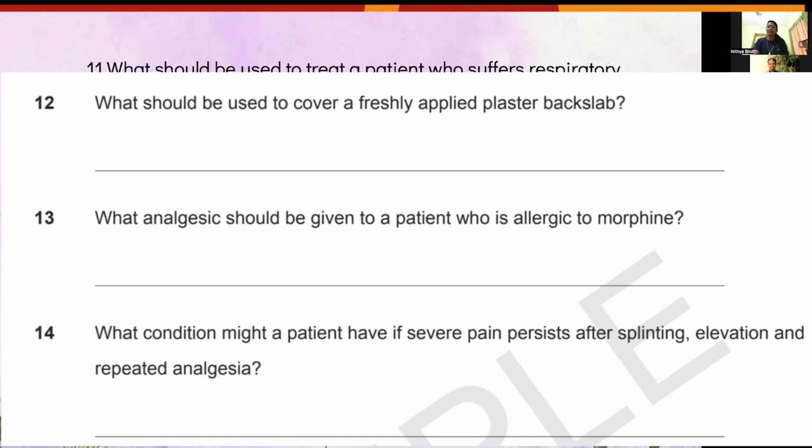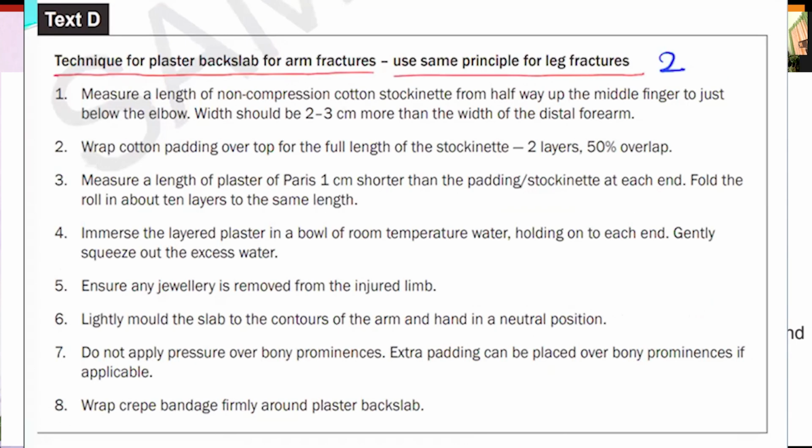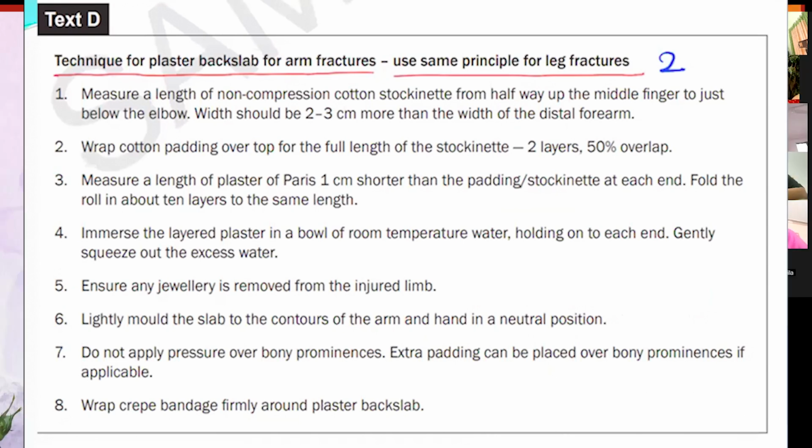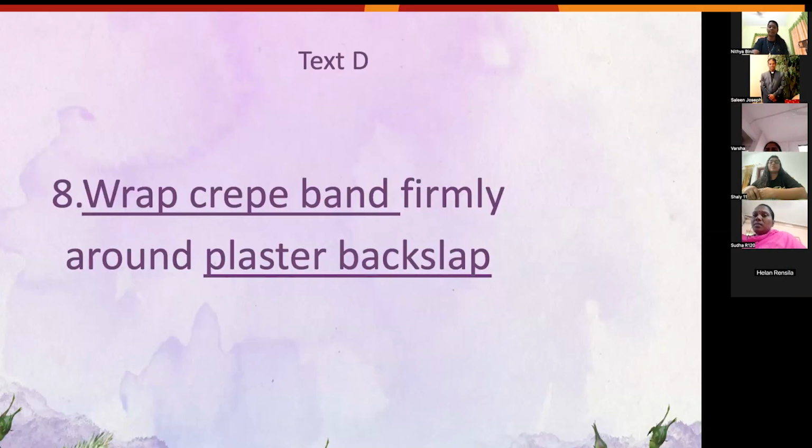The answer comes under text D, where they deal with the complete procedure of the plaster back slab. The eighth step is to wrap crepe bandage firmly around plaster back slab. The synonym of cover is wrap, and plaster back slab is the same word as in the text. So it is very easy to locate the answer.